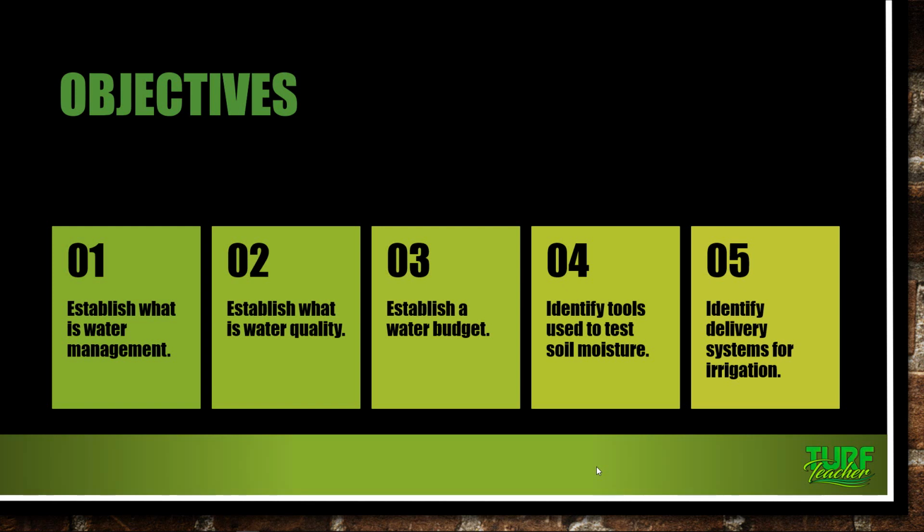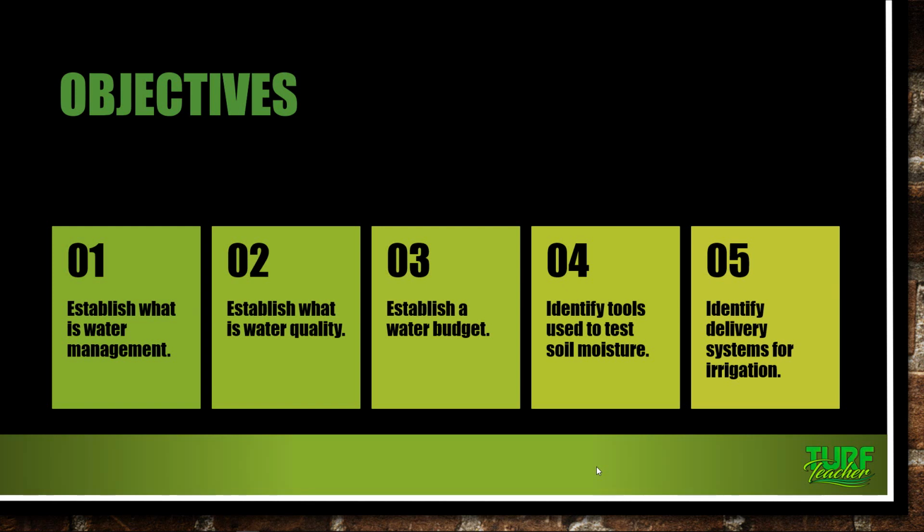And then we're going to look at some tools that are used to test soil moisture. A lot of neat, interesting tools that are out there. Some traditional tools, but as irrigation contractors, we have access to these tools that can help us investigate and figure out what our soil moisture content is.